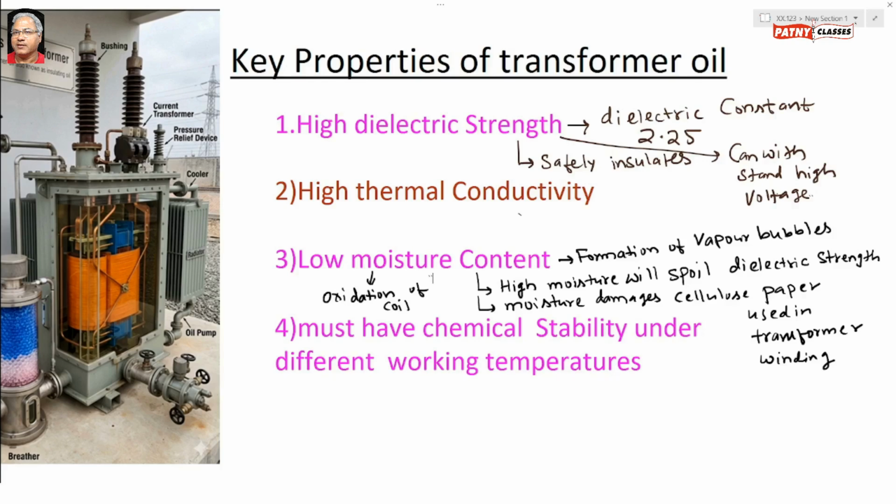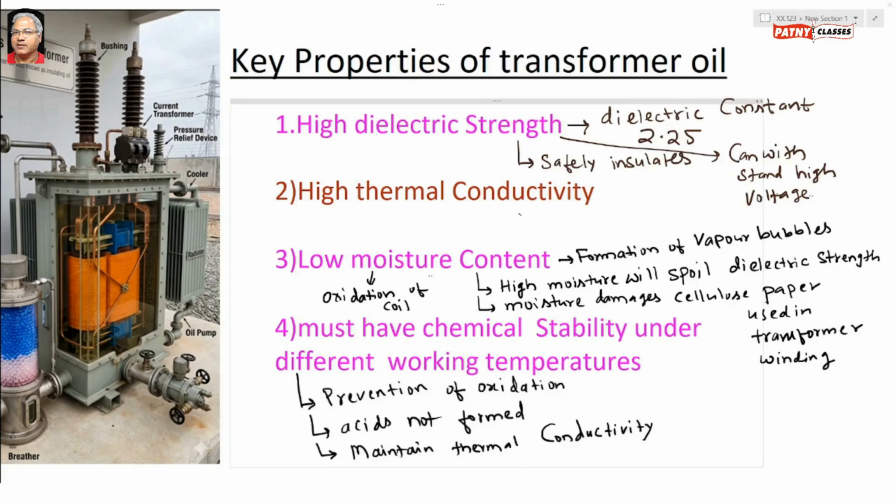This cellulose paper is used in the winding for insulation purposes. So these are a few problems that will arise if the transformer oil has moisture in it. Therefore, we always try to maintain the moisture content in transformer oil as low as possible.